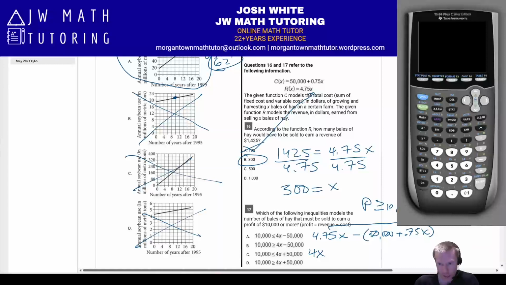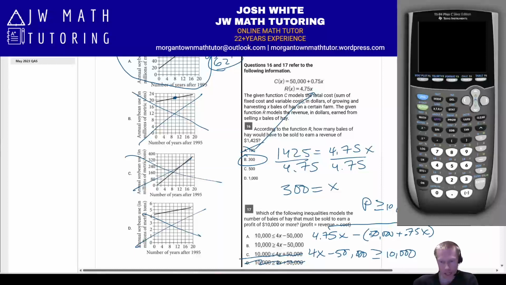And then the negative sign out here distributes and makes it minus 50,000. So this is the simplified version of the profit. And again, we want it to be greater than or equal to $10,000 because it says profit of $10,000 or more. Notice this doesn't quite match the answer choices we have. We can eliminate C and D right away because they have the plus 50,000. We want minus.